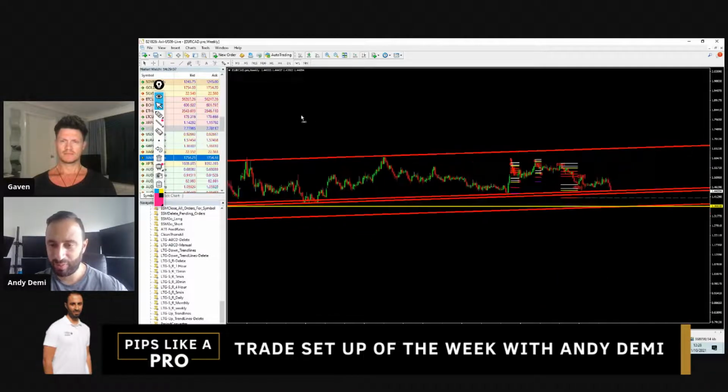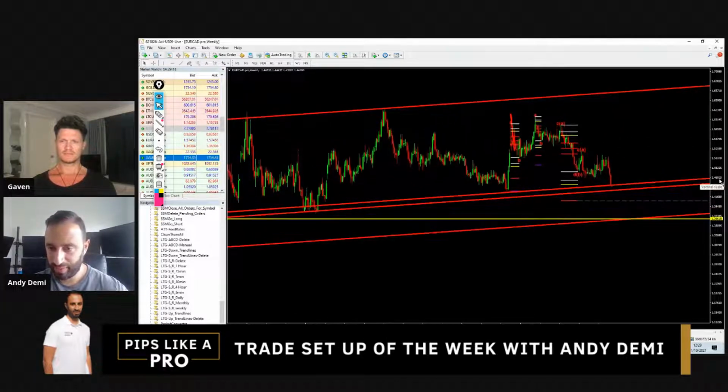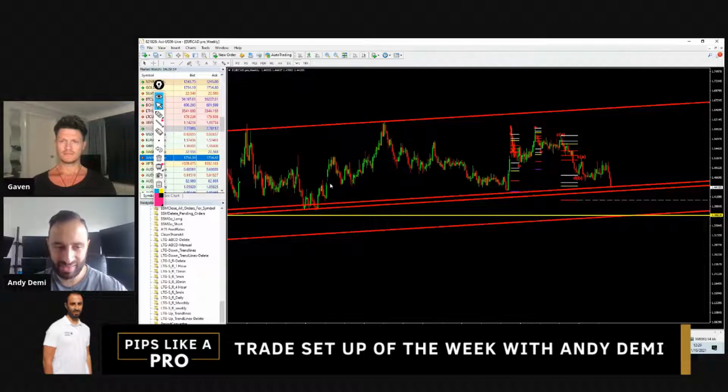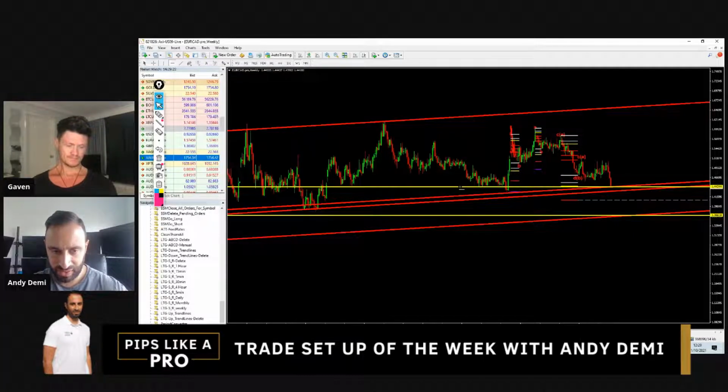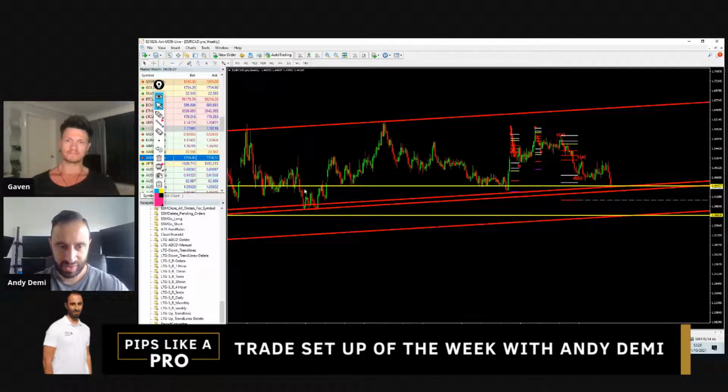Right now we've got a little bit of support, so we can also plug in where our current support levels are coming in. I don't want to use the indicator just yet. I'm just going to look at current price action myself. You can see that the market has recently acted as support here and a bit of support there. And we're just in that space right now.